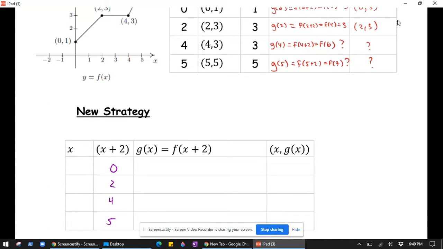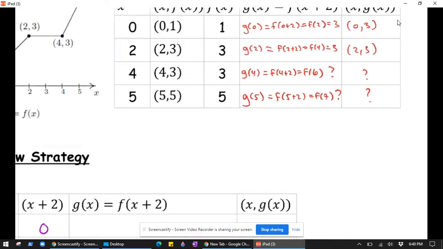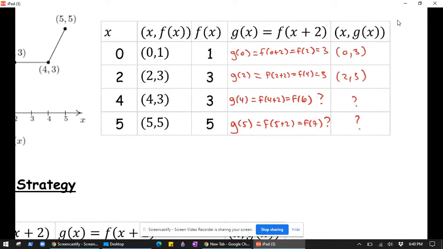Notice we know exactly where f sends all of these inputs, right? We know what f of 0 is, we know what f of 2 is, f of 4, f of 5. And ultimately, once we evaluated what was inside the parentheses, we knew what numbers f was sending to outputs.